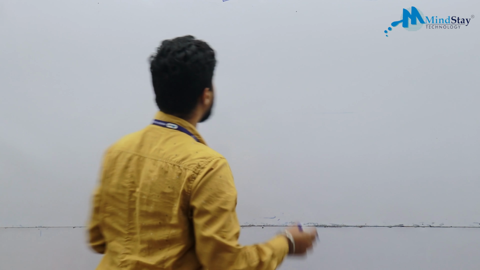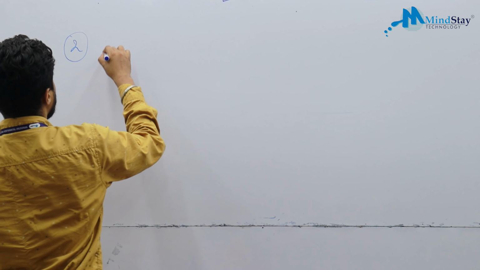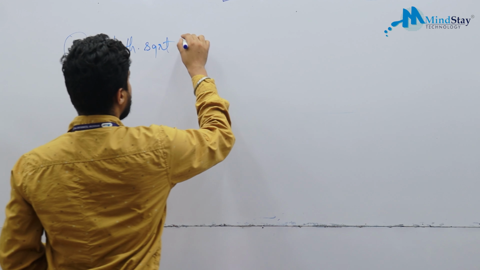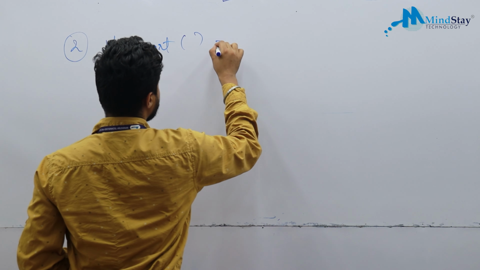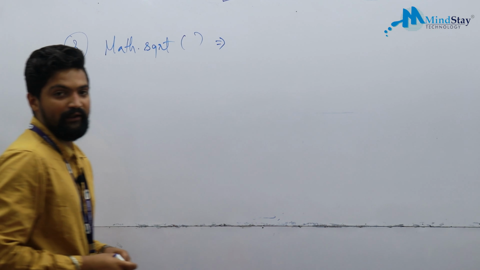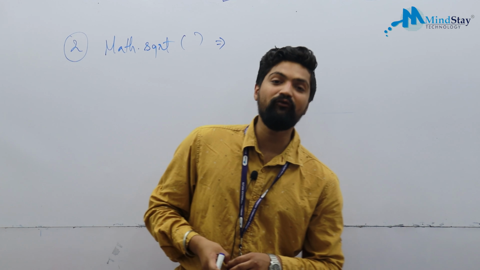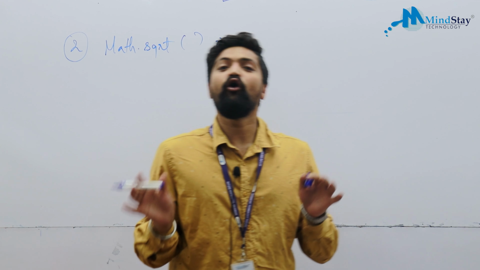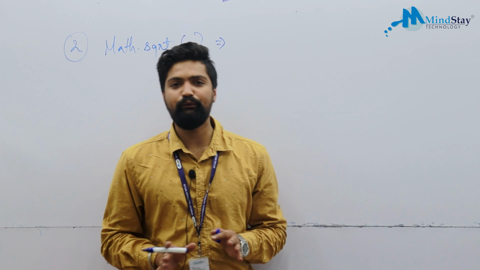The next system defined mathematical function is math.sqrt. By the name only you have understood it. What it does is find the square root of a given expression, an entire expression, or of a given value or variable.